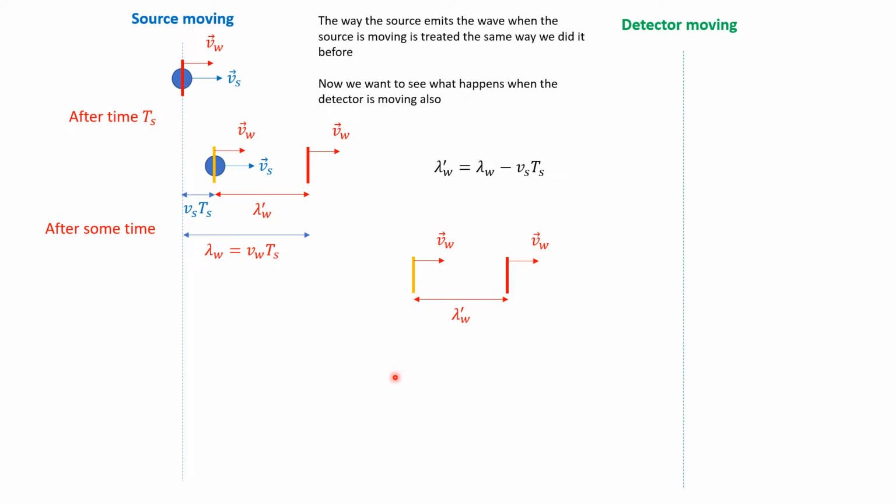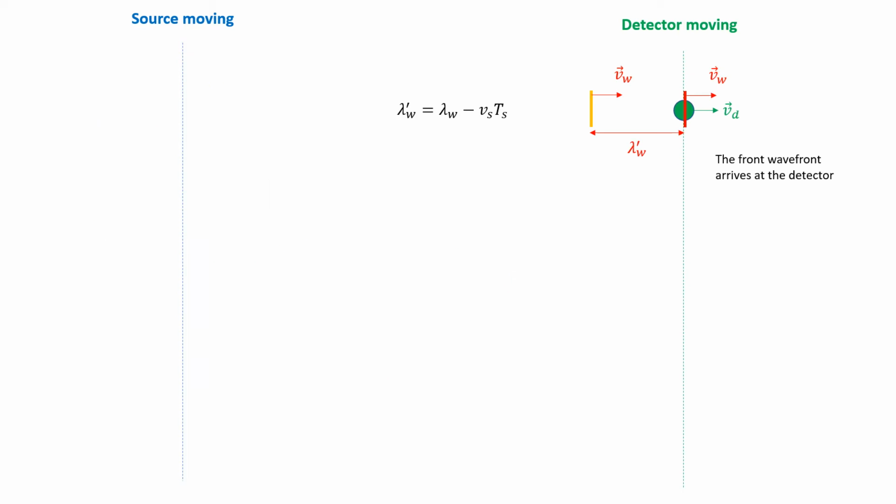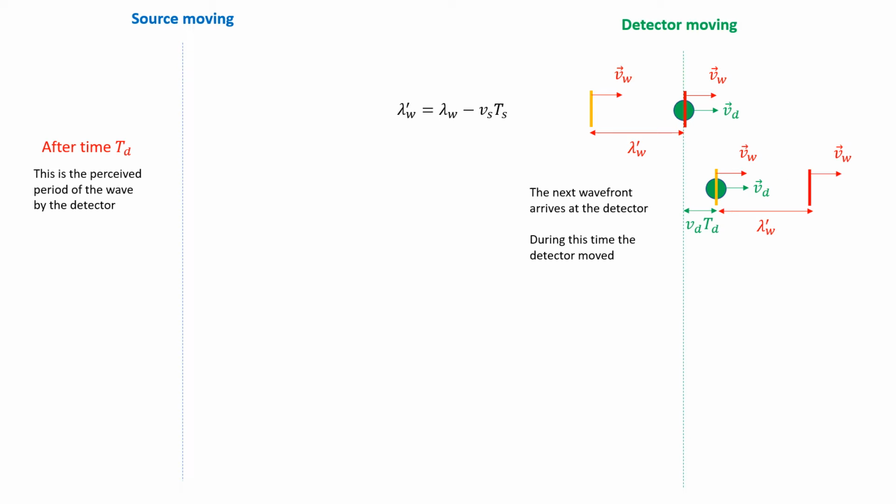Now we just need to see what happens on the detector side when the detector moves. Let's look at when the first wavefront arrives at the detector. Let's say that's time 0. Then after some time td, which we defined as the time between the arrival of successive wavefronts at the detector, the perceived time, the second wavefront hits the detector.